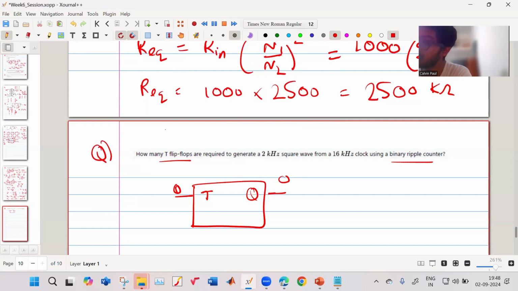If I give here 0, it will give me 1. But this has to be done using a clock.